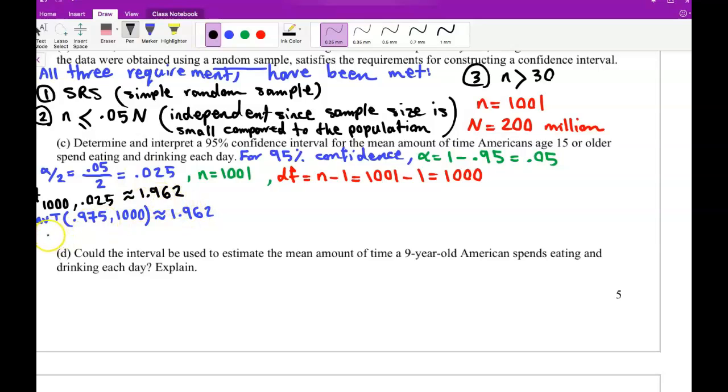Then after that, finding E, margin of error, is equal to t times s divided by square root of n, so 1.962 times s divided by square root of n. Okay, s is 0.65.